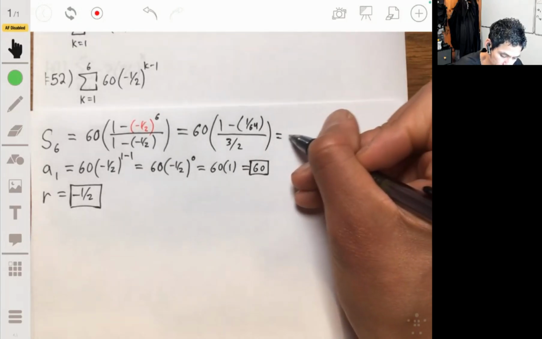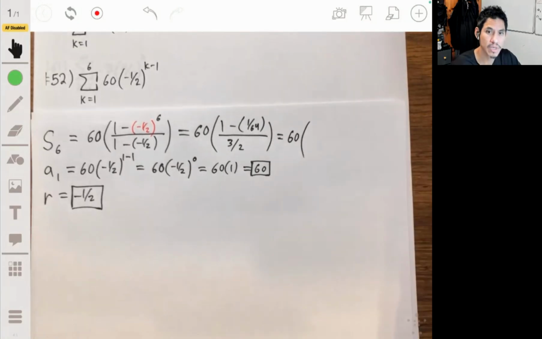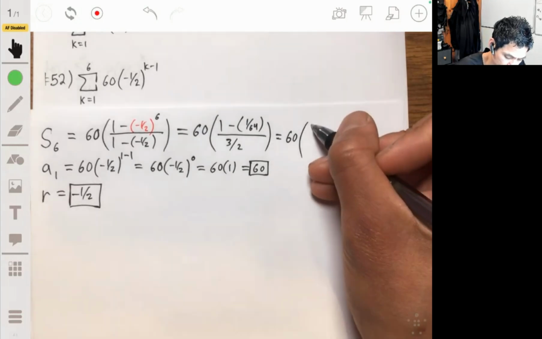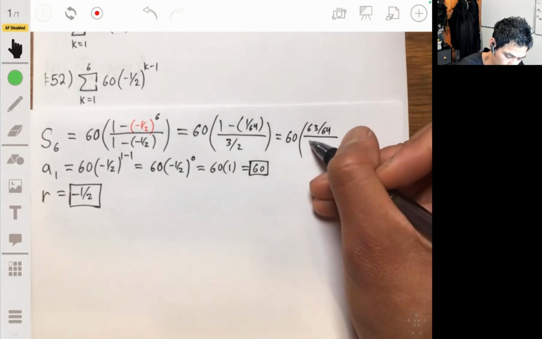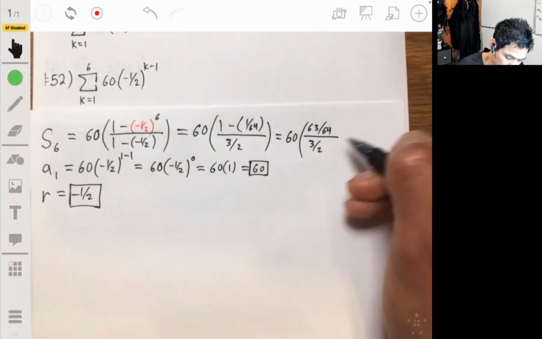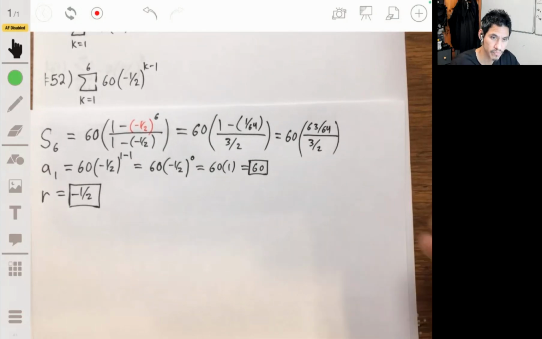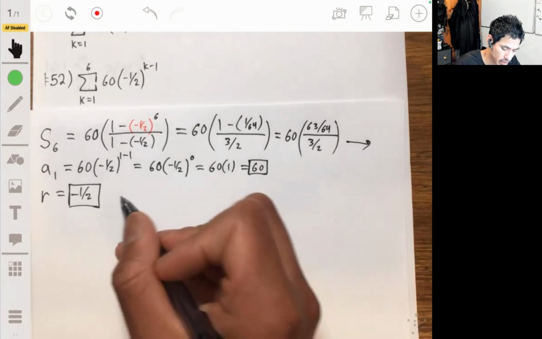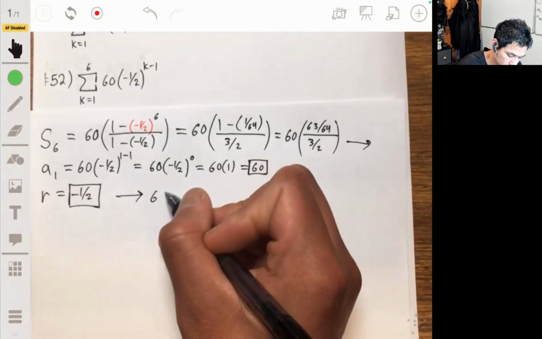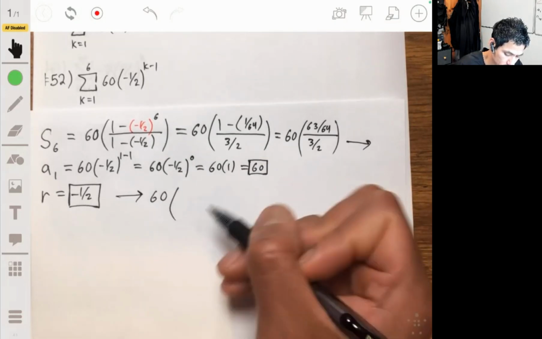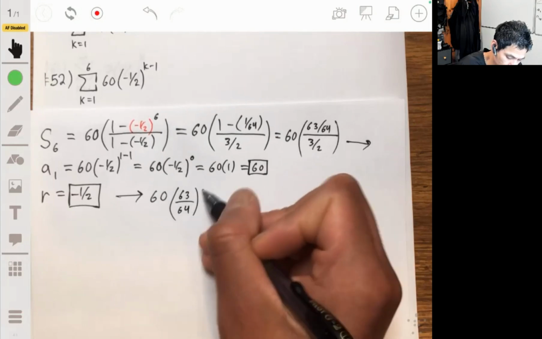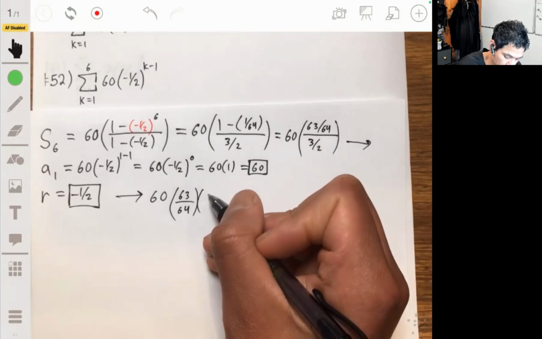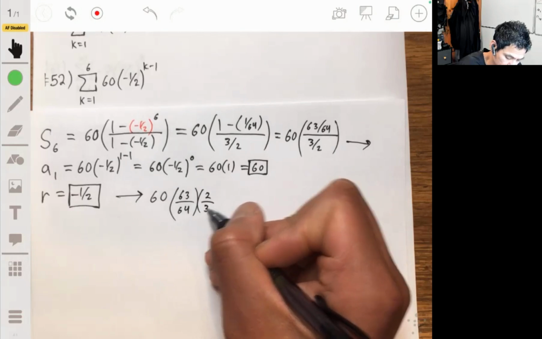Which will be equal to 60 times 63 over 64, all over 3 over 2. Just doing the math, going down here, we get 60 times 63 over 64 times the reciprocal of 3/2, so times 2/3.